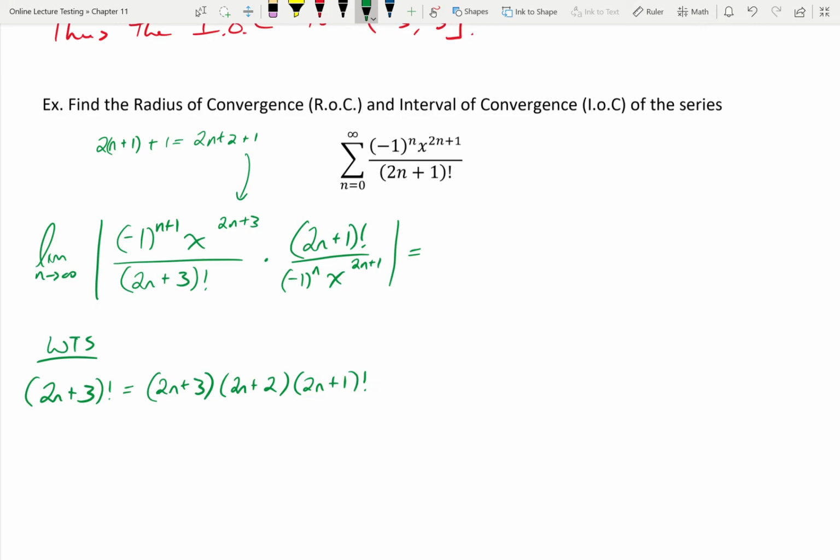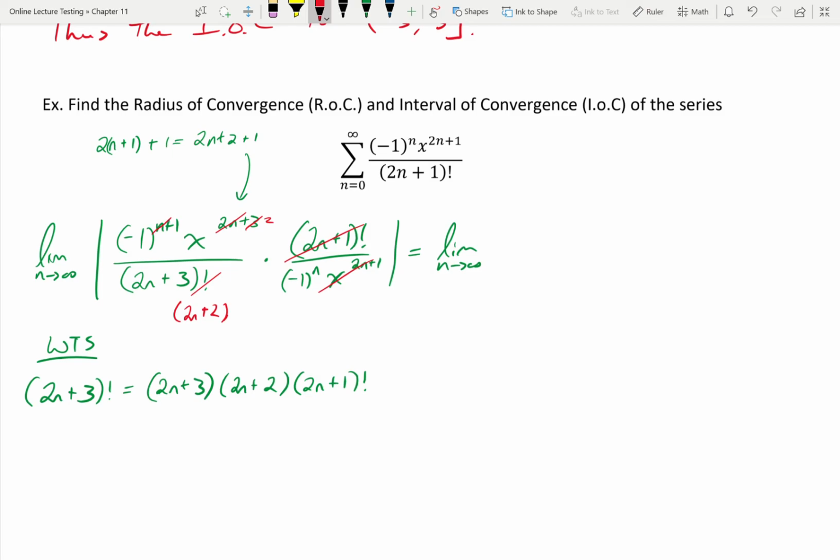All right, so knowing that, we're able to cancel out a lot of things here. Okay, so I'm going to cancel this x to the 2n plus 1, leaving me with a factor of x squared here. This 2n plus 1 factorial is going to cancel part of this out, leaving me with 2n plus 2 multiplied by 2n plus 3.